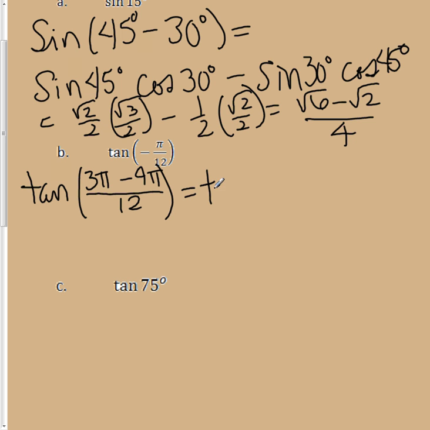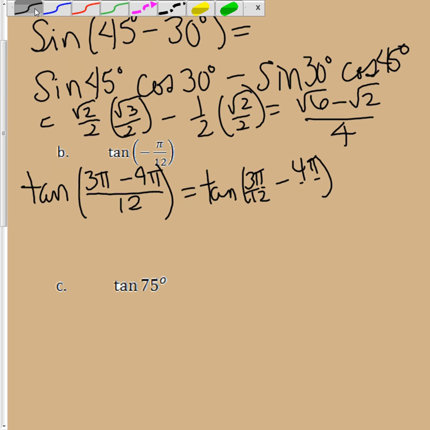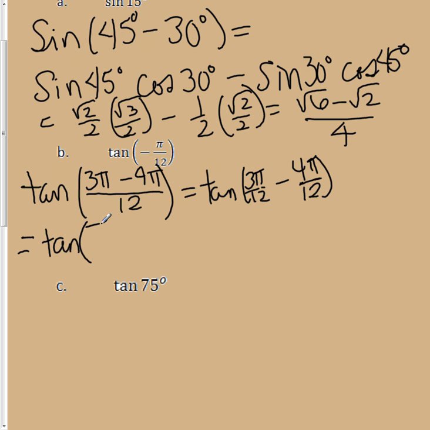So this is a tangent of 3 pi over 12 minus 4 pi over 12. Oops, that should be 12. Let's erase that and put that as 12. Then this reduces to the tangent of pi over 4 minus pi over 3.